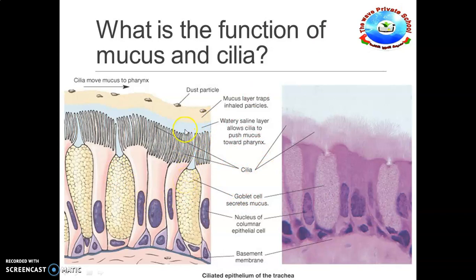Under the mucus layer you can see the watery saline layer that pushes mucus towards the pharynx, and finally this trapped dust will be pushed into the buccal cavity where we can swallow it. By this we understood the function of mucus and cilia. So in the next part we will be discussing the structure and function of the trachea and bronchioles.